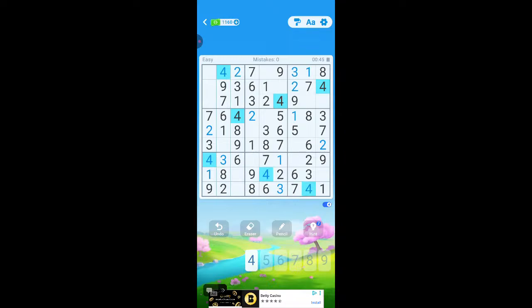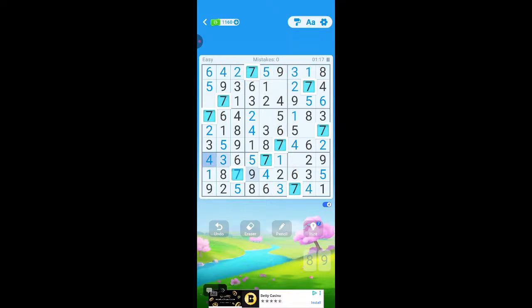Elimination, not guessing. Well, that's the last place a 5 can go. Or for that to work, it has to be there. Forces this and that. I'll take this and that. Okay. Sure.